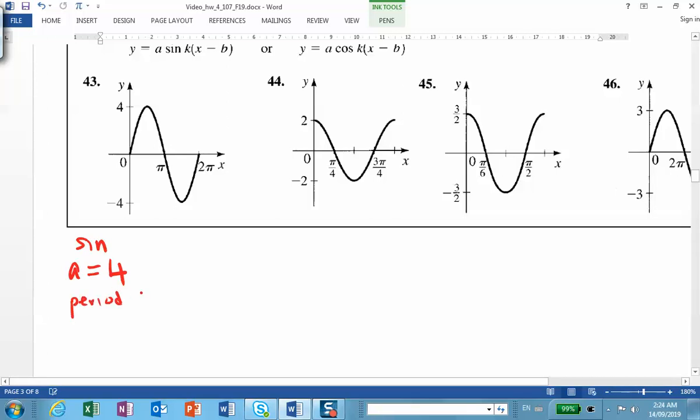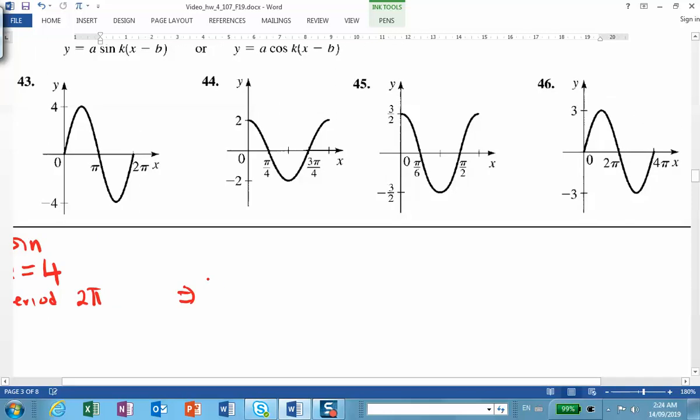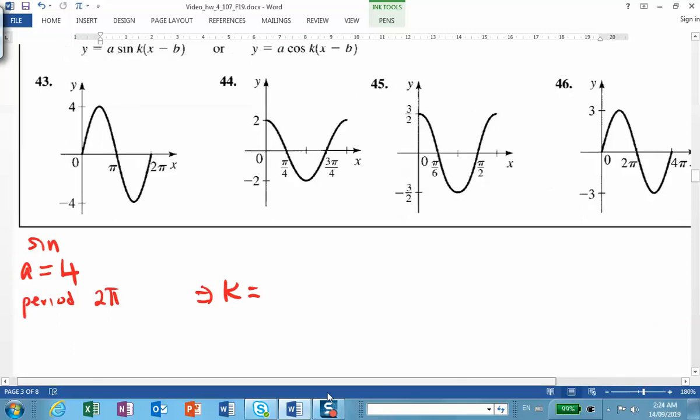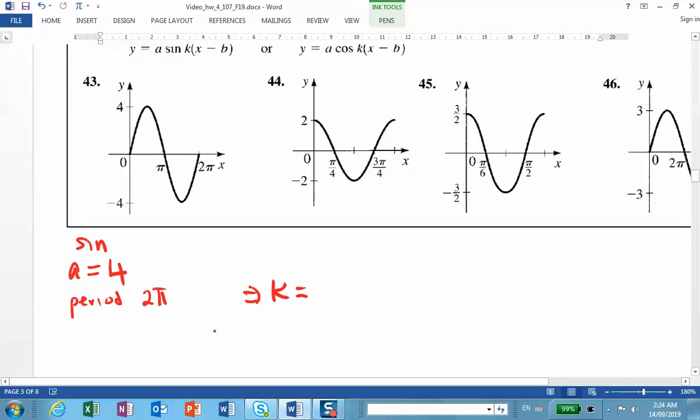and that means that the value of k is, let me see for a second. Remember the formula that we had was period is equal to 2 pi over k, and if the period is 2 pi, k must be 1.